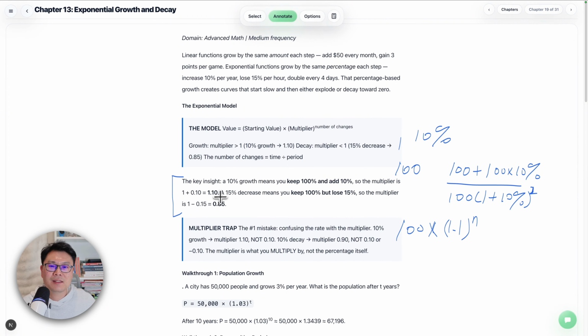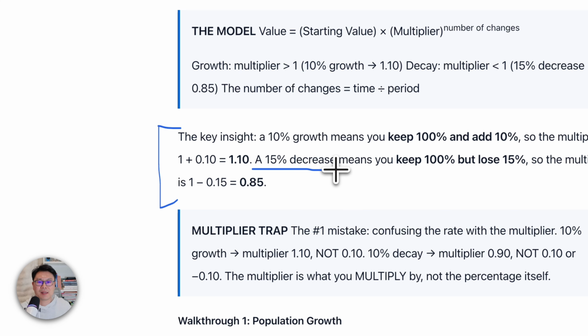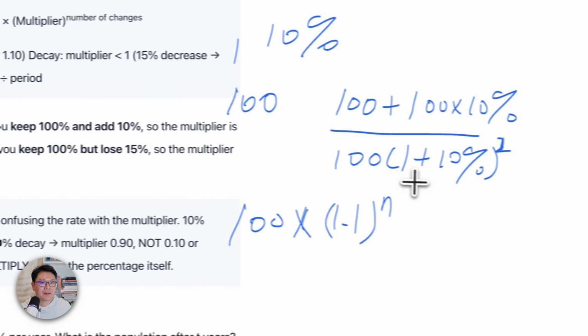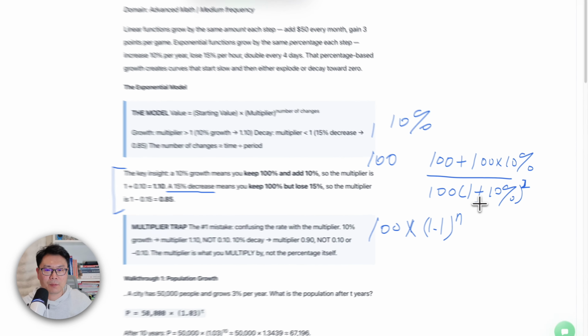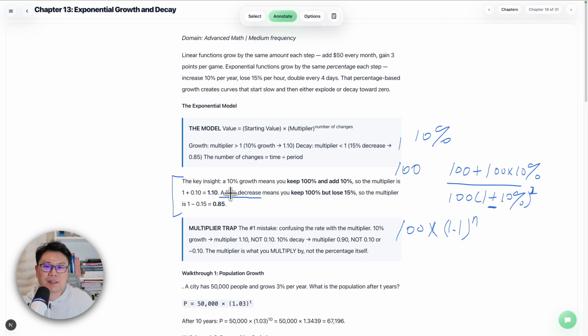A decrease is the same logic, only you don't add the 10%, you take it away. A 15% decrease means you keep 100% but lose 15%.